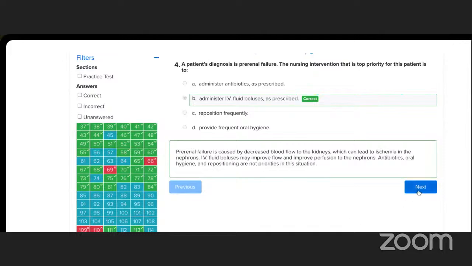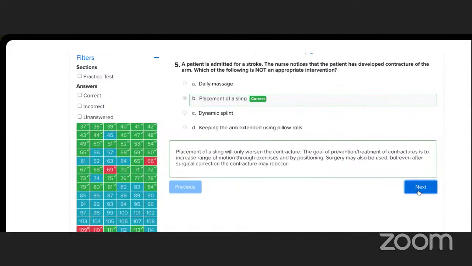All right, five. I didn't think we went through this. A patient is admitted for a stroke. The nurse noticed that the patient had developed contractures of the arm. Which of the following is not an appropriate intervention?